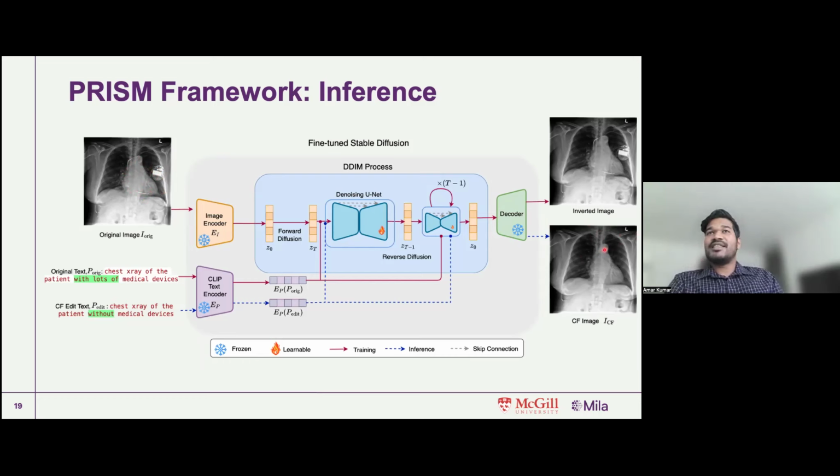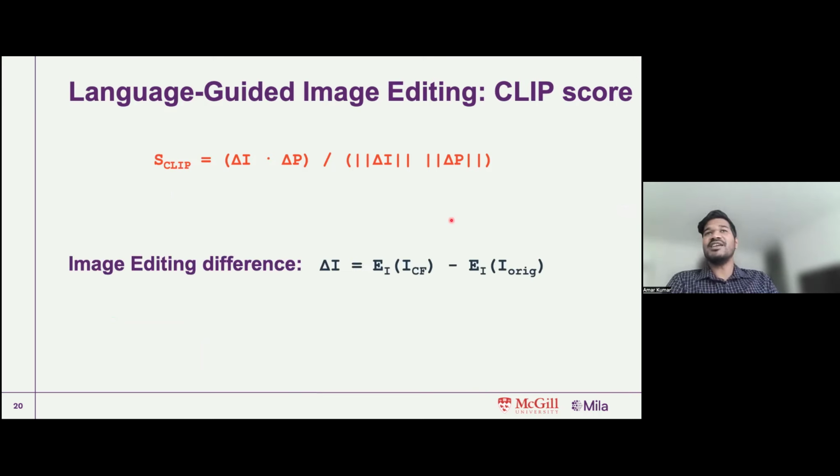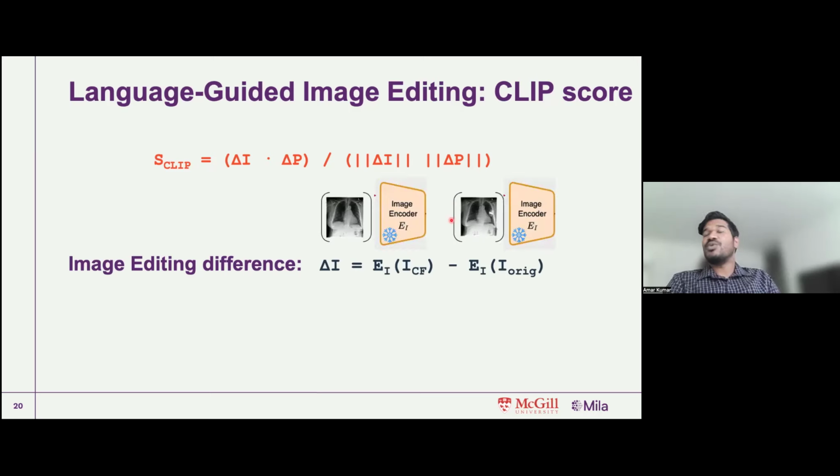There is something more under the hood rather than just fine-tuning the stable diffusion, which is essentially looking at, give me a second, over here. So we have a clip semantic score, which is essentially similar to cosine similarity. We take the difference in image editing, which means that we pass the original image through the image encoder, and we pass the edited image through the image encoder, which is the counterfactual image, and we take a difference of the two.